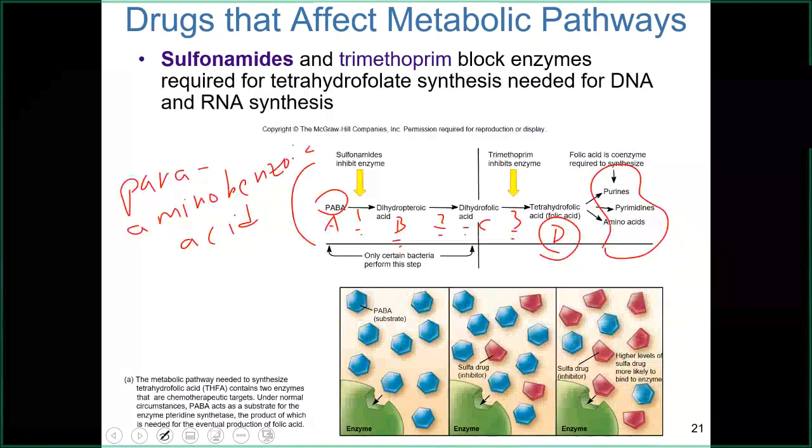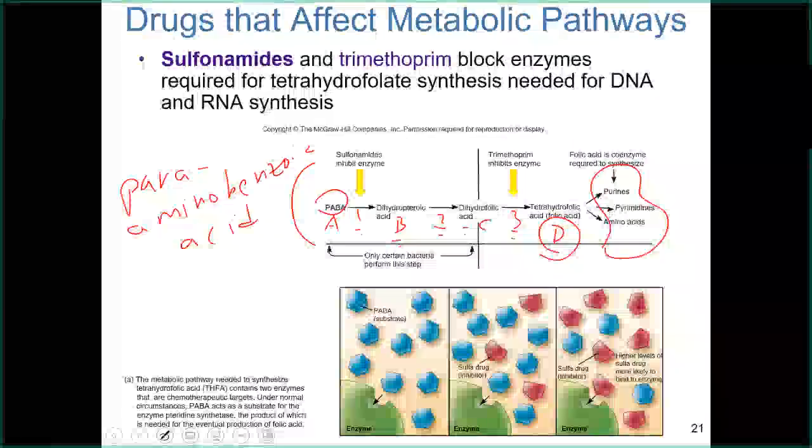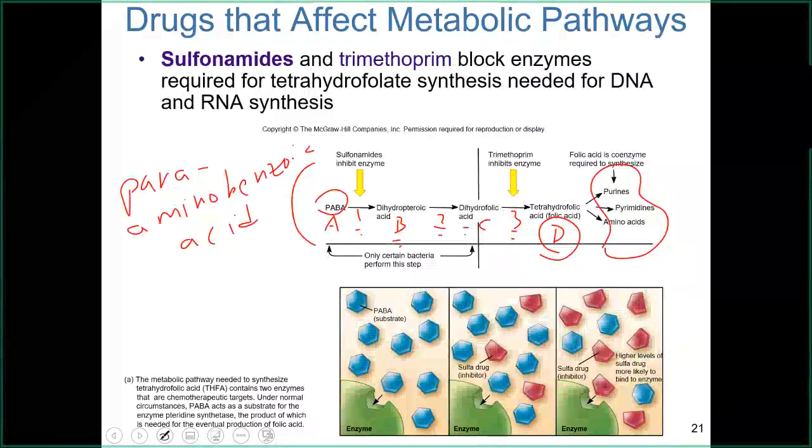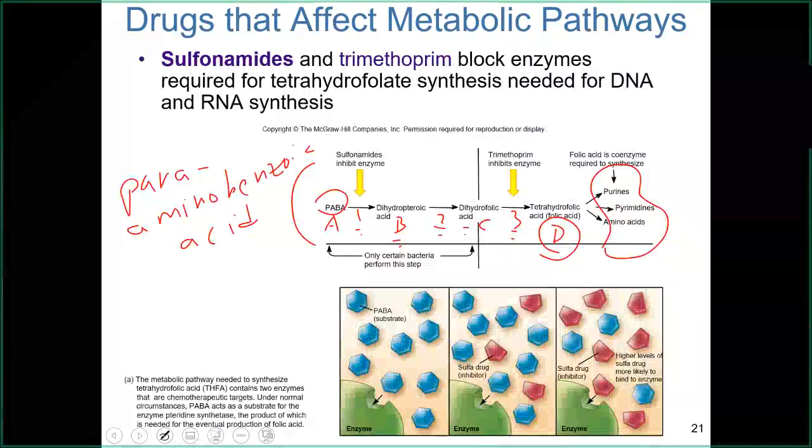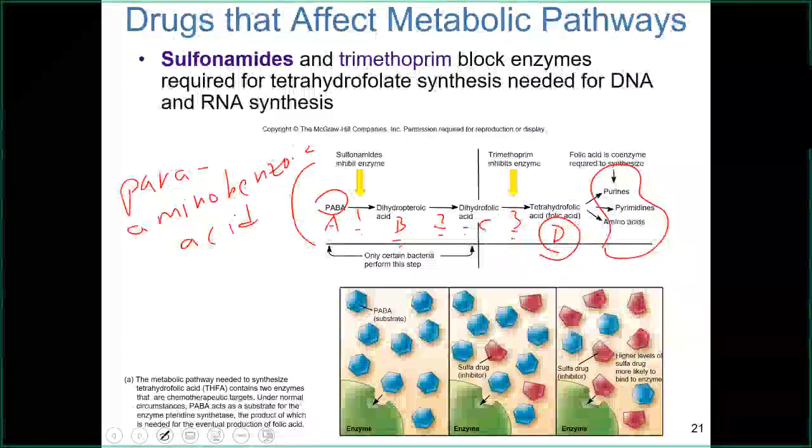By gosh, you better have folic acid, which is involved in the processing of those things, synthesis of those. So they make their own folic acid. Well, guess what? These drugs, known as the sulfa drugs, commonly, these are sulfa drugs, right?